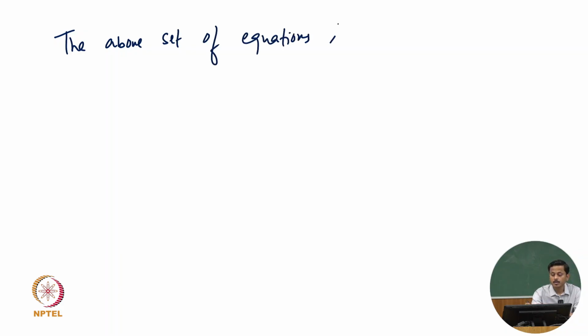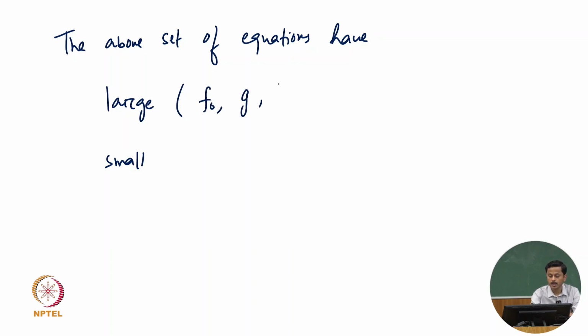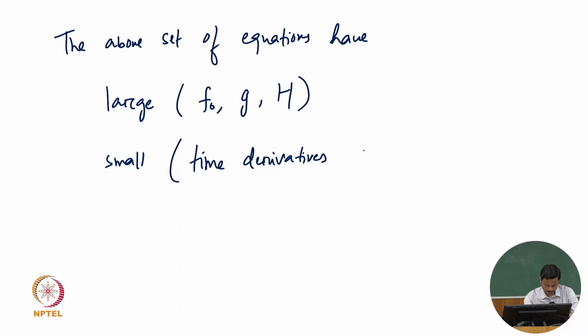The above set of equations have terms of larger values and smaller values. Which are the smaller and the larger terms? So f naught is the fixed Coriolis parameter, g and h are large values, and the smaller values in the governing equations are the time derivatives and the beta parameter that we assume to be small.